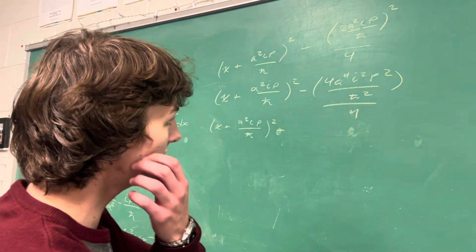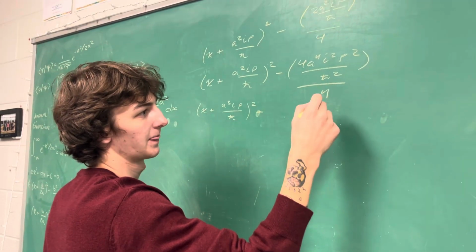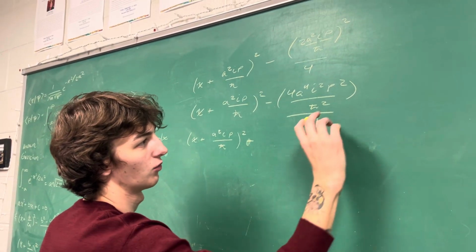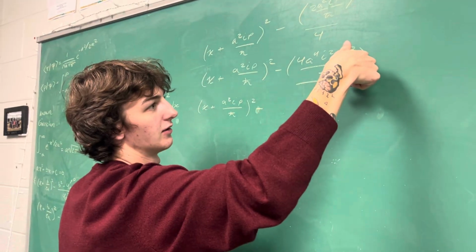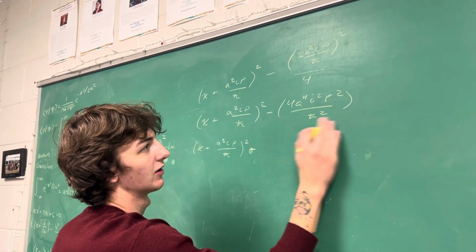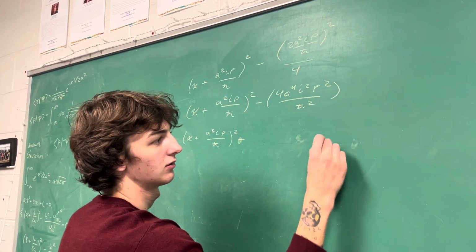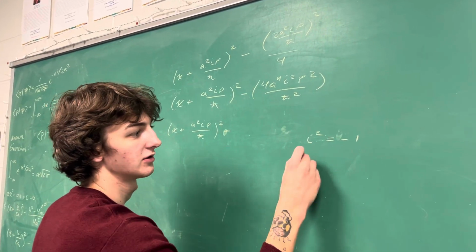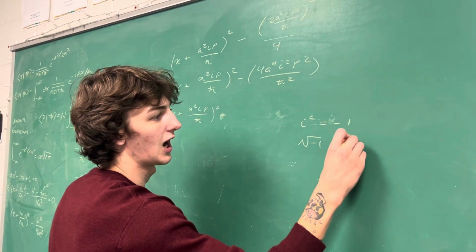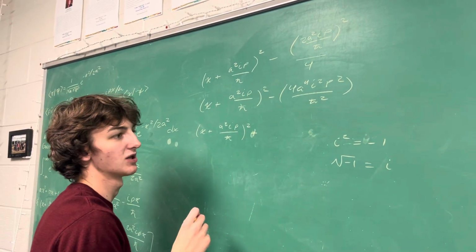So if you'll notice, this 4, this is a complex fraction. And so this is just a 4 over 1, so when we flip it back in, the 4's will cancel. And so I can go ahead and get rid of that. And then i squared is equal to -1, since the square root of -1 is equal to i. So that's just going to give our negative term to become a plus.